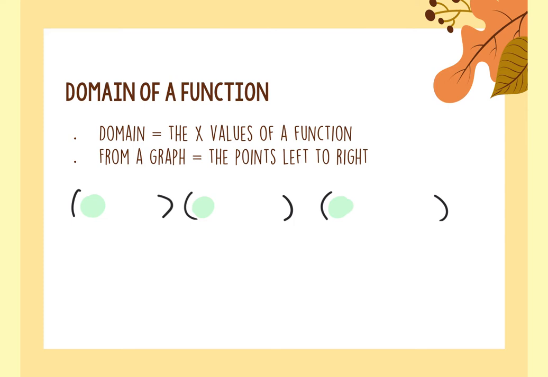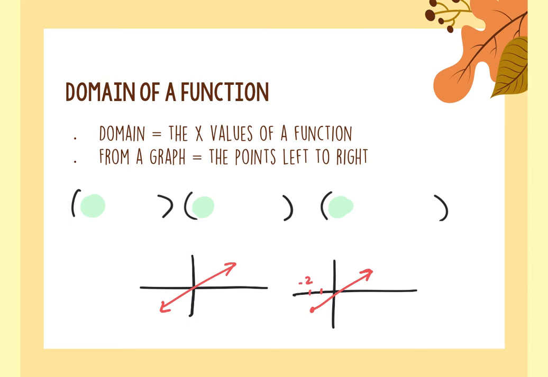If you're looking at a graph, it would be all the points from left to right. So if I had a graph that was arrows in both directions, that domain would be all real numbers because it points to the left and it points to the right. If I had a graph that had a solid dot and then pointed to the right, then it would be from this x value to positive infinity.